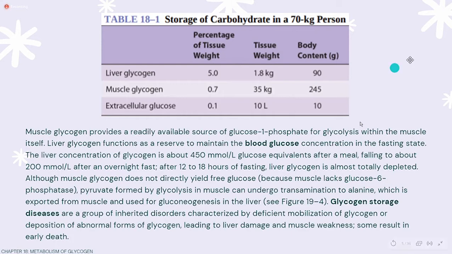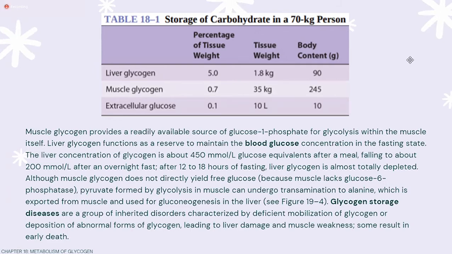So it says here, liver glycogen functions as a reserve to maintain blood glucose, while muscle glycogen is within the muscle itself, because the muscle does not have a phosphatase which removes the phosphate from glucose.